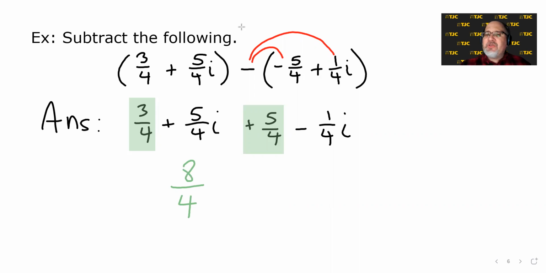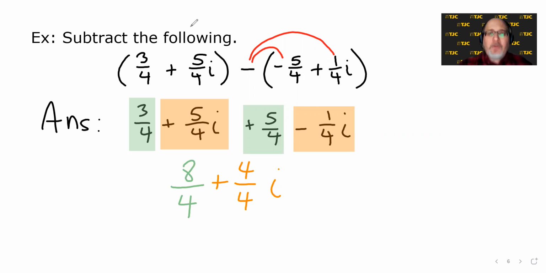That looks like we should do something with it, and we will, but let's go ahead and finish combining like terms by combining the imaginary parts, positive 5/4 i and negative 1/4 i. Now I just have to figure out what 5/4 minus 1/4 is. Well, the common denominator is 4, and 5 minus 1 is 4, and more specifically positive 4, hence we have a plus in the middle.